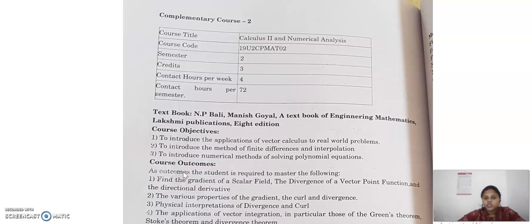Okay. So in today's class, we will just introduce what we are going to learn in the first two modules. You have already learned calculus. You have seen what is differentiation, so how to differentiate functions. You know how to differentiate single variable functions. Then you know how to calculate integrals, definite integrals and indefinite integrals.